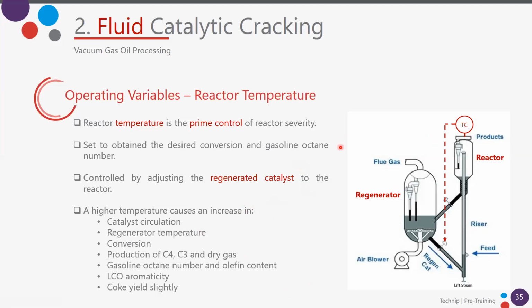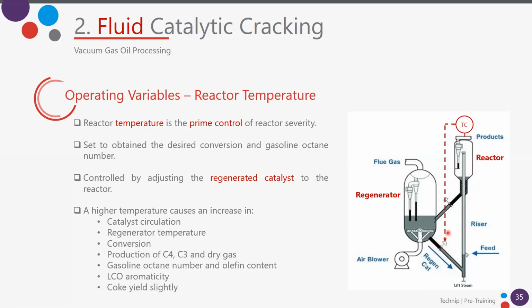But the important thing to remember here is that you control the temperature of the reactor by manipulating this valve, okay? So if you want to decrease the temperature, you will close this valve. If you want to increase the temperature, you increase the set point of this temperature control, and it will open this valve, okay?